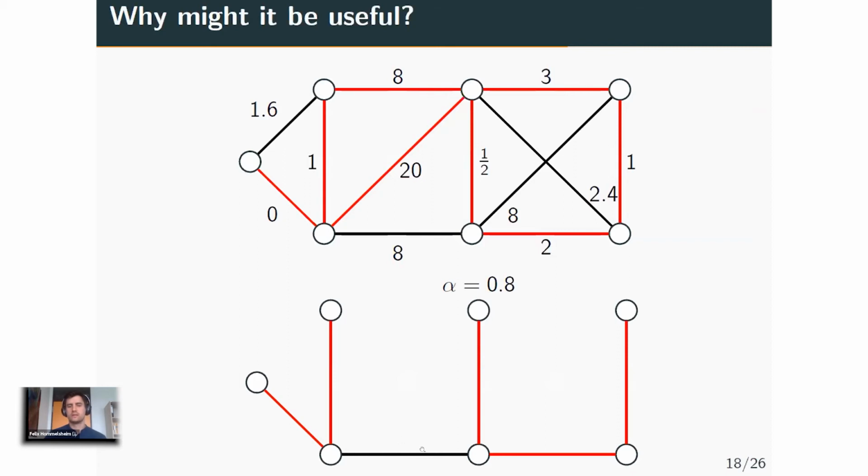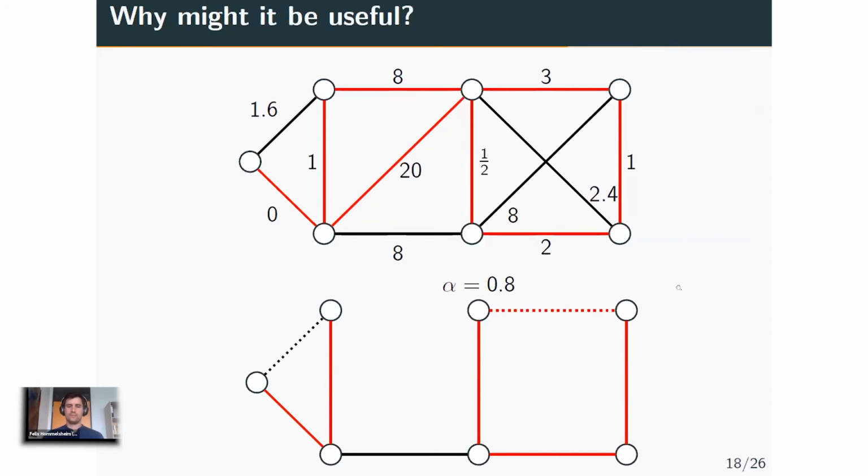So when using algorithm B, you contract this edge, and then you compute the tree augmentation problem instance. A solution to this tree augmentation problem might look like this, which in this case is an optimal solution. So it might actually be beneficial to make the safe edges cheaper. But of course, you can easily come up with other instances where it's not a good idea to scale the cost.